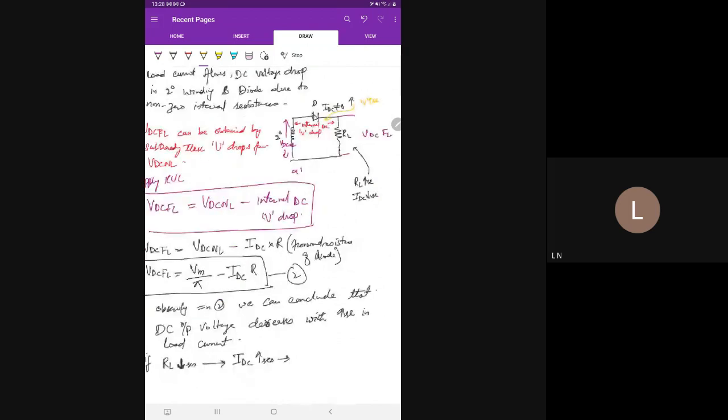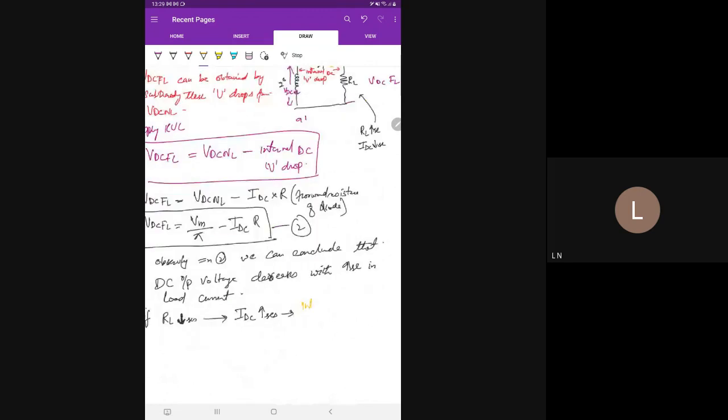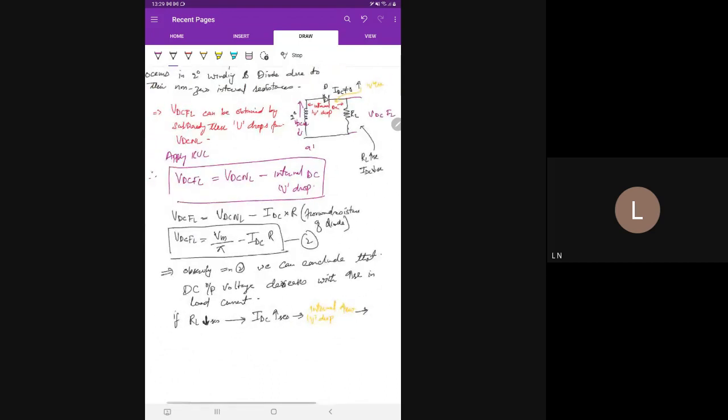And if the internal voltage drop increases, then from equation 2, VDC full load will decrease, because it is a minus term in equation 2.